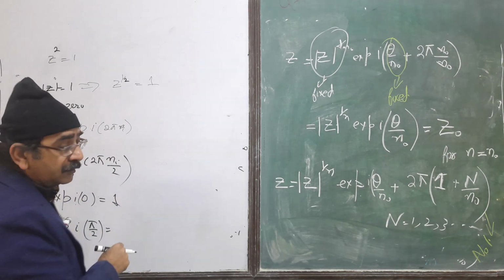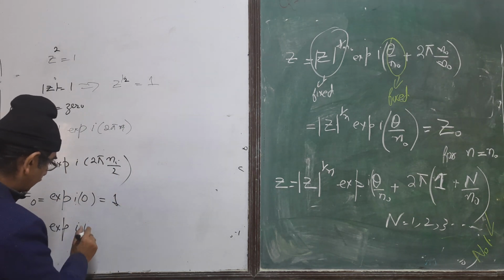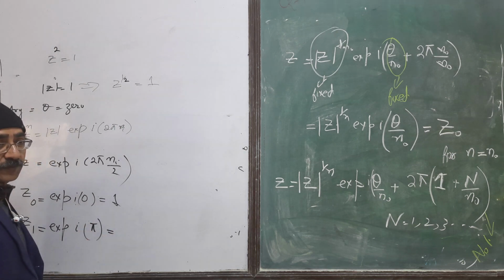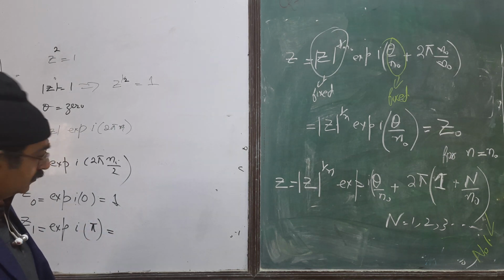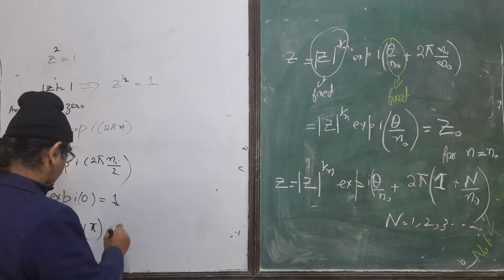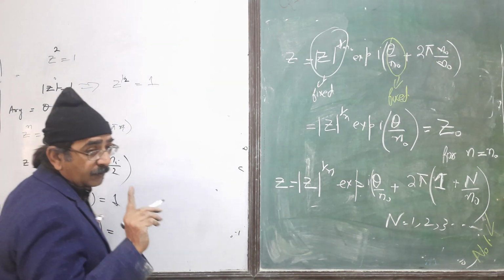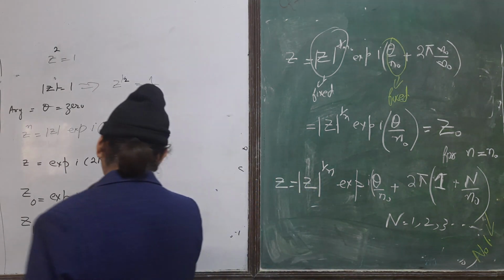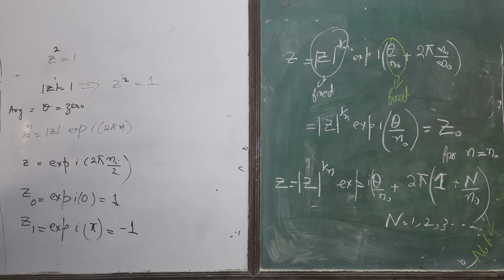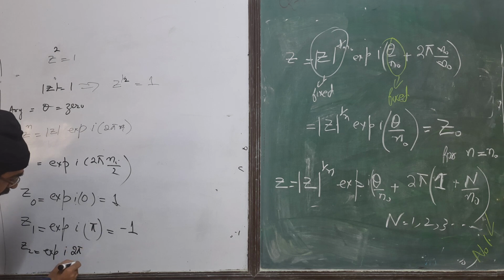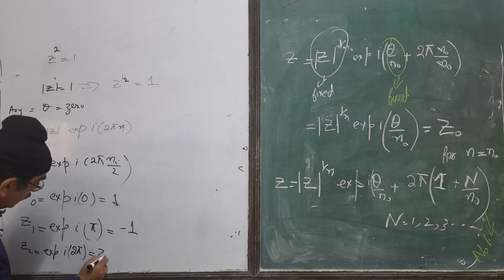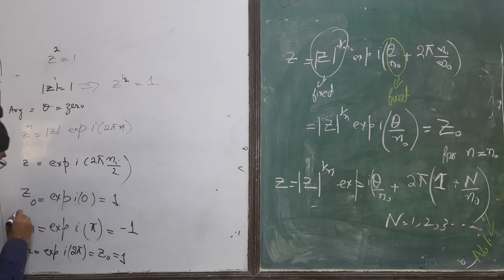Okay, 2/2. 5. Sorry, 5. And this will be equal to cos pi. Cos pi is equal to -1. Sin pi is 0. And Z2 will be, yes.